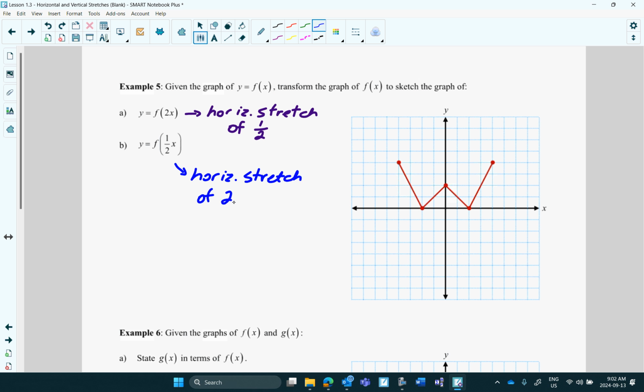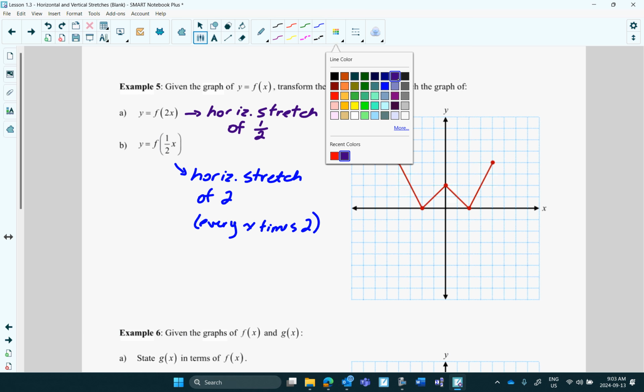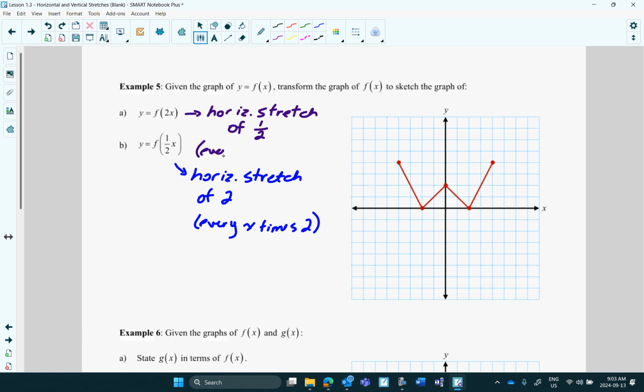So that means every x value gets multiplied by 1/2. Every x value gets multiplied by 2. Okay, think all that. Every x times 2.